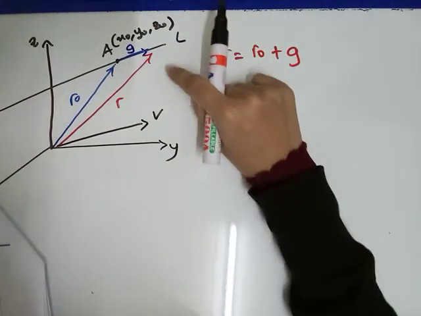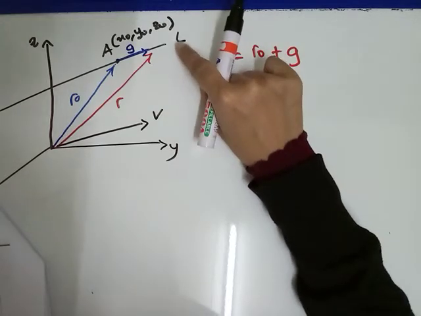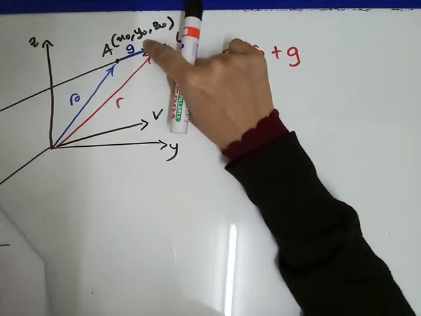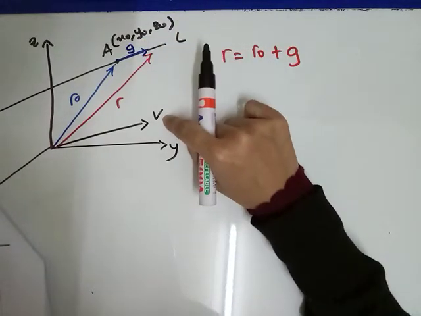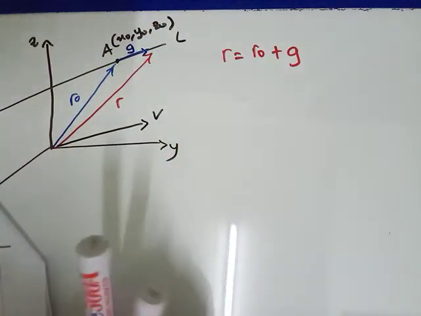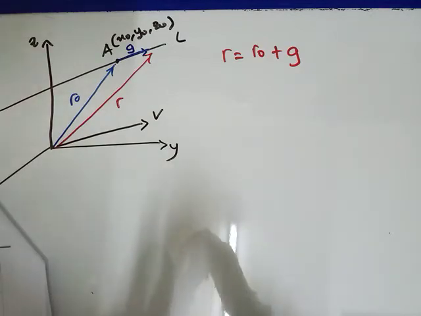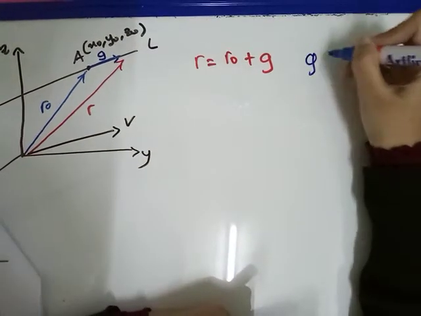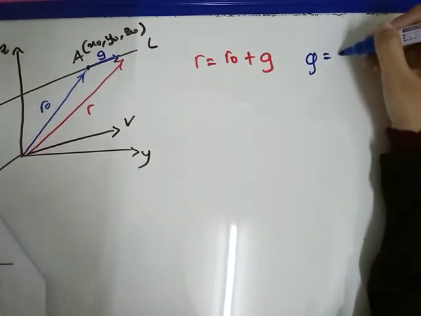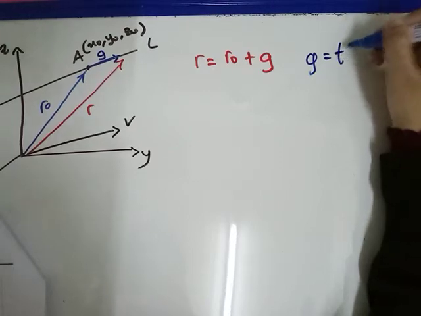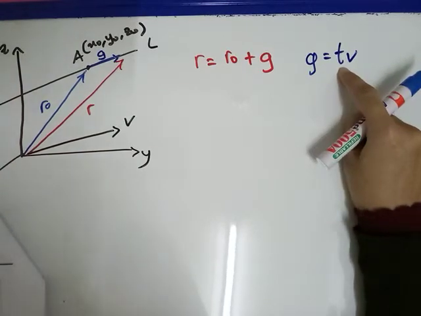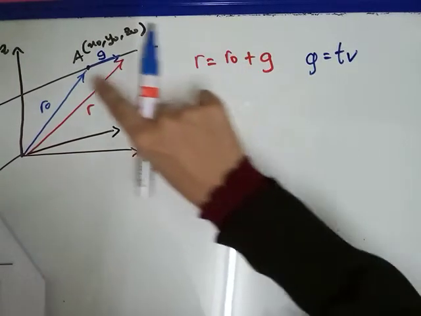That means when vector V is parallel with line L, vector V is also parallel to the vector G. Therefore G is equal to a quantity or parameter, which I let as T, multiplied by V. T depends on the location of the point G along the line.